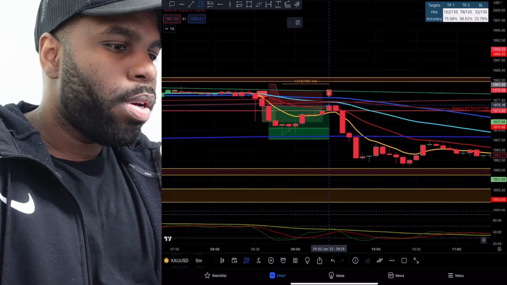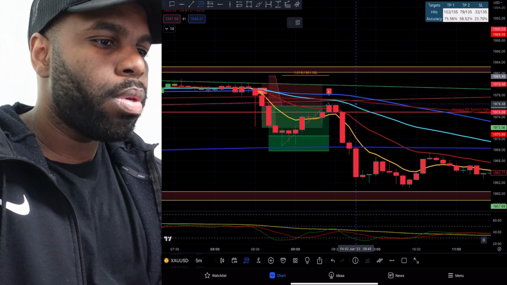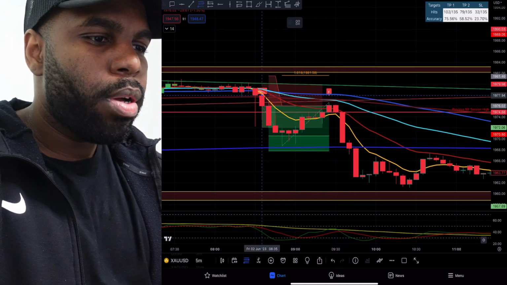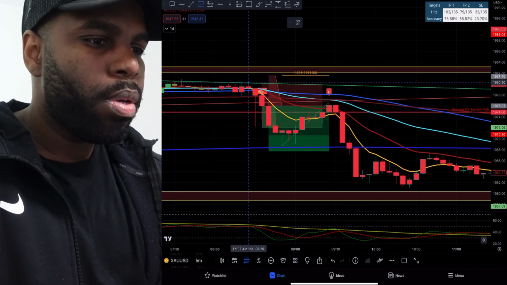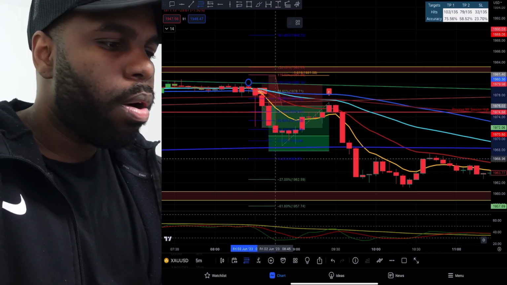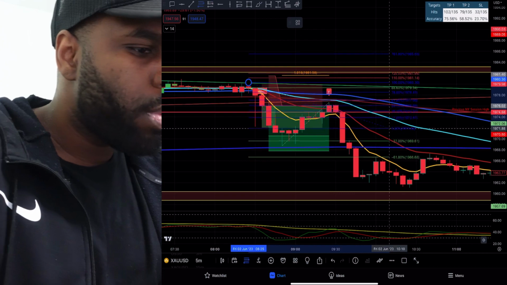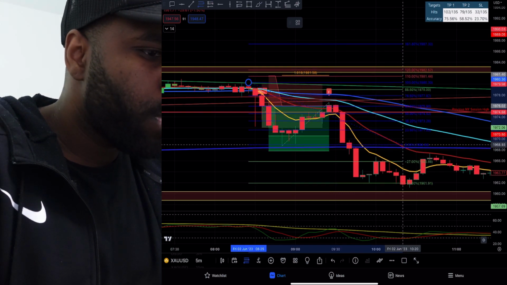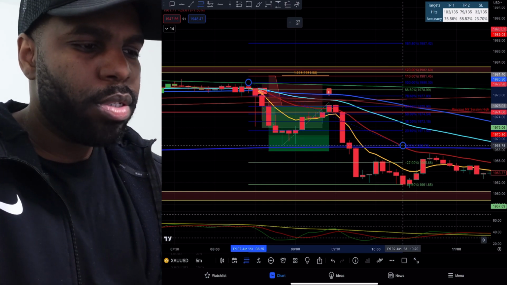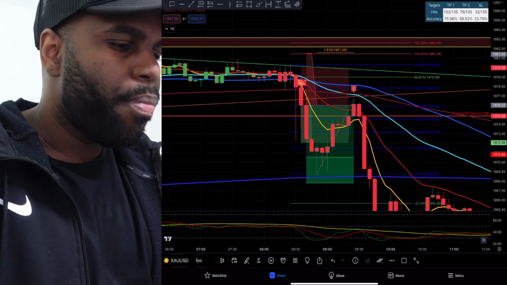So what I did was, remember, you could have drawn your Fibonacci up here, and bring it all the way down, I believe about right here. I drew my Fibonacci retracement tool about right there. You guys can see that, right?